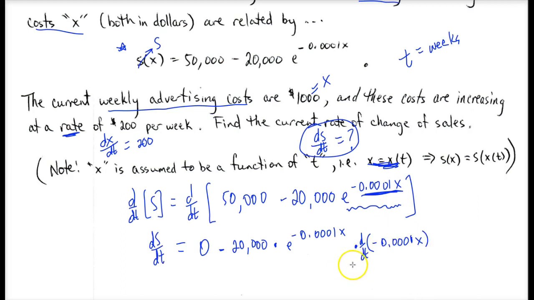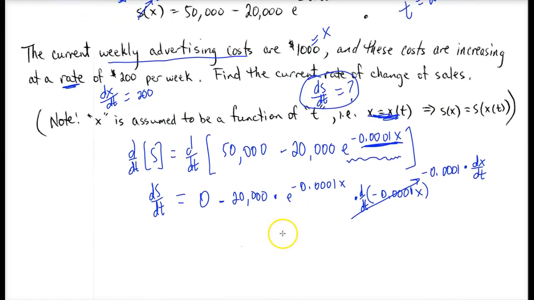And of course, that part on its own is just this. But then after that, x is a composition function within itself. So we have to do dx over dt. So that's how we come up with that.